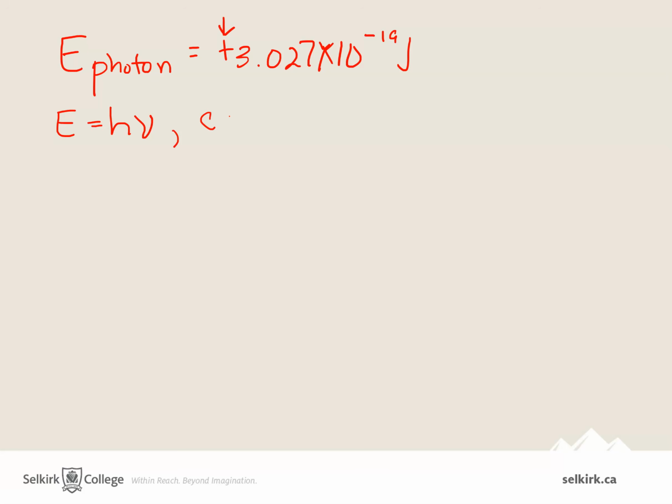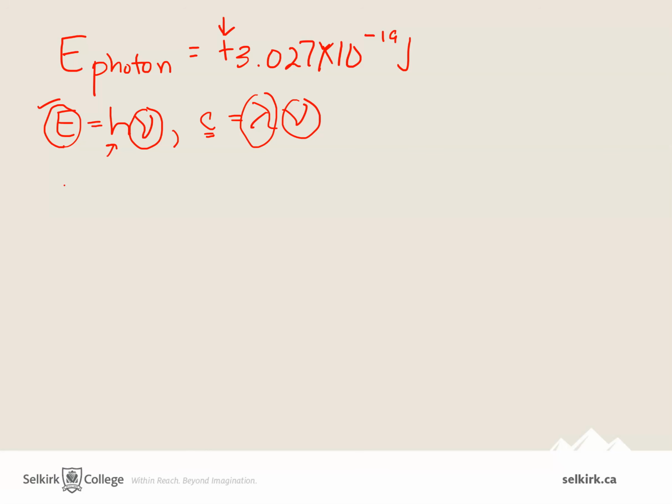So I'll also remind you that c equals lambda nu. So what I can see is I could know the wavelength if I knew the frequency, because c is a constant. I can know the frequency if I know the energy of the photon, because h is a constant. Hey, wait, I do know the energy of the photon.